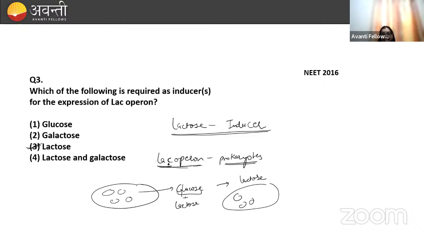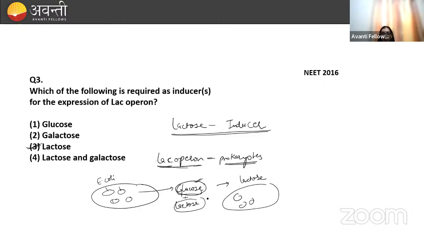Let me explain it again. The lac operon is present in prokaryotes, right? If the medium contains both glucose and lactose, the cells, E. coli for example, will first consume the glucose. Their first preference would be glucose.